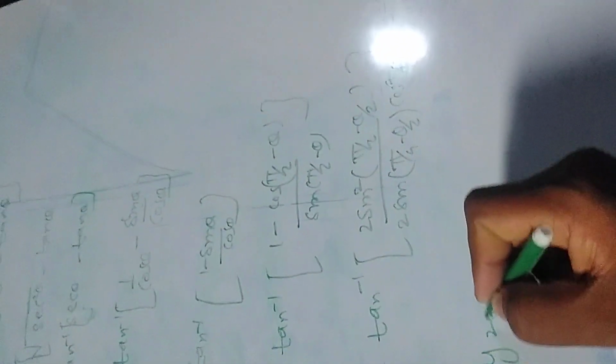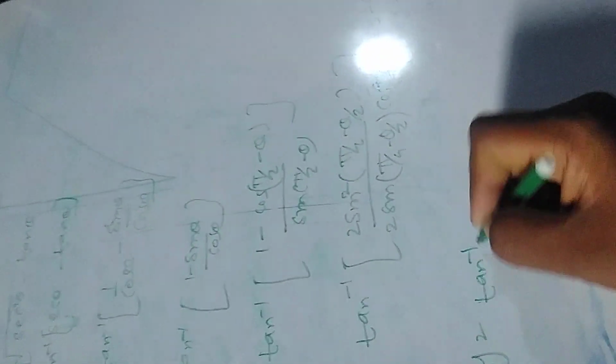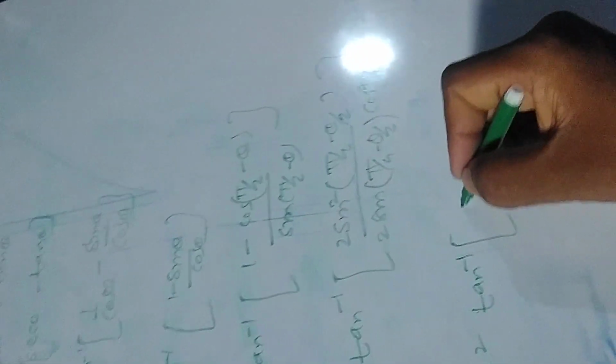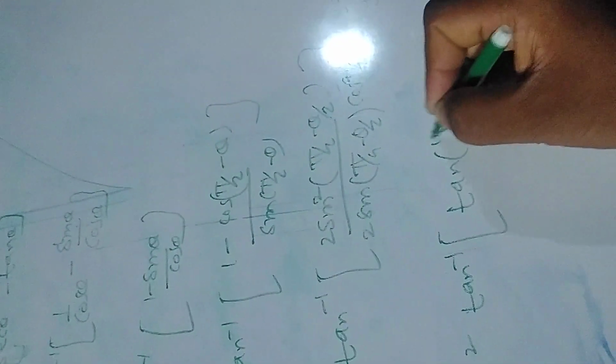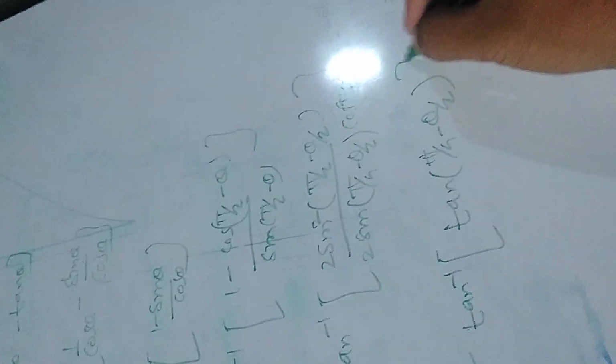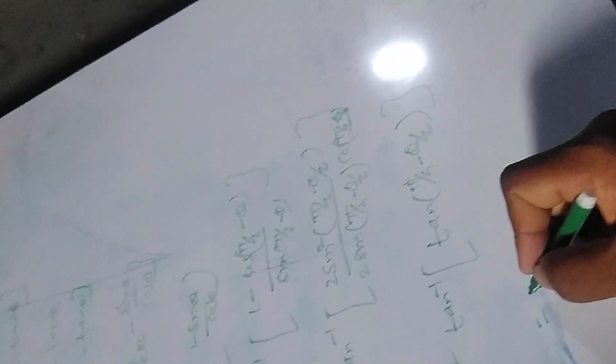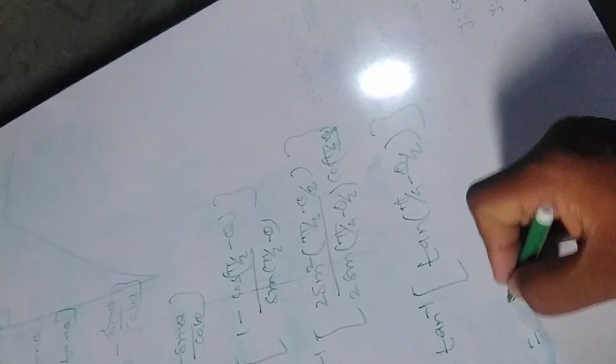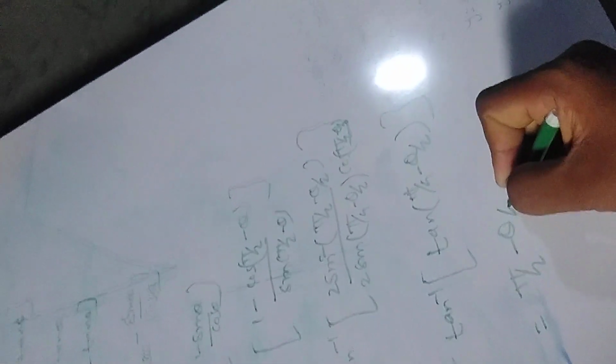So y is equal to tan inverse of tan of (pi by 4 minus theta by 2). So in the next step it will be pi by 4 minus theta by 2.